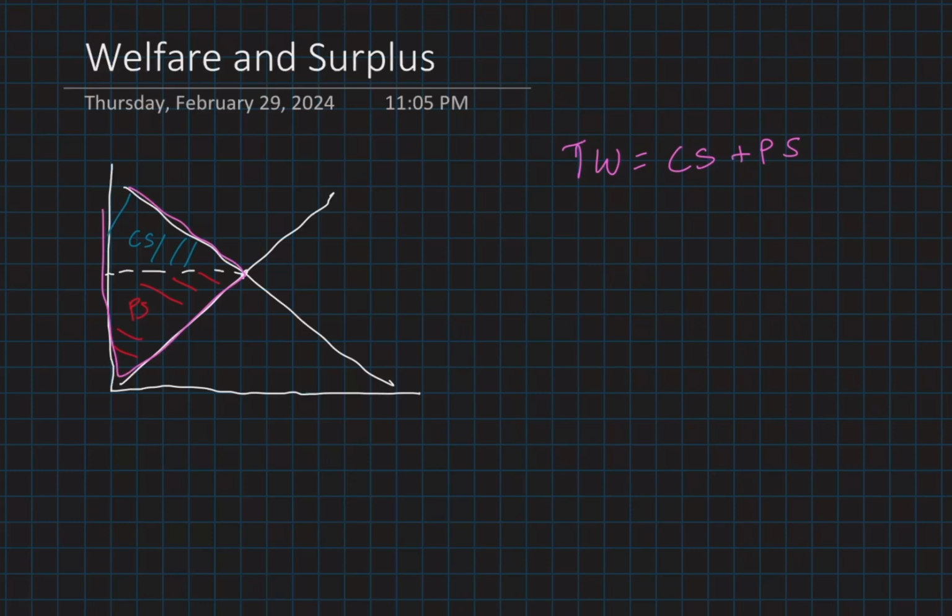Okay, so let's say we have a shift. We have a shock to the market, and let's say our supply shifts this way. Okay, actually, let me do it like this. So we have a new supply curve, so we have a new equilibrium.